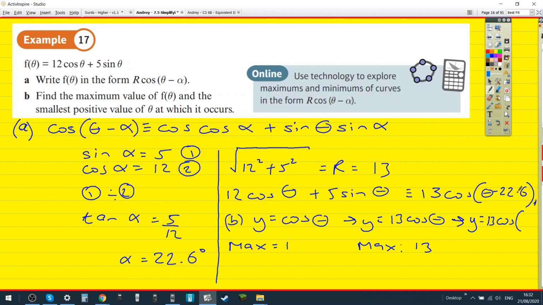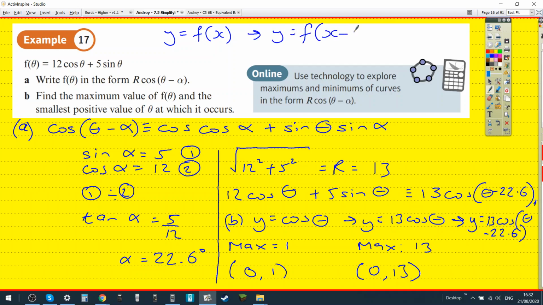So what type of transformation is that? y equals f of x becomes y equals f of x minus 22.6. Is that a translation? Yep.